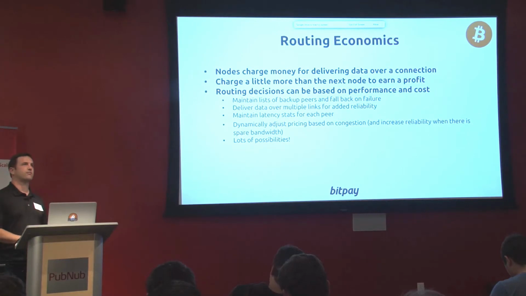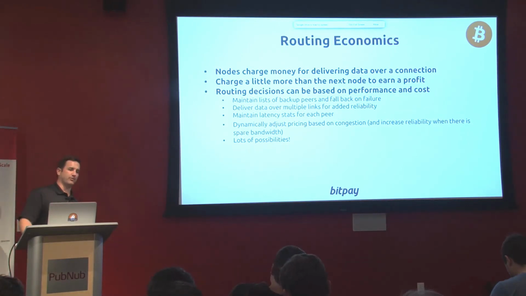So if you want to make more money with your router, what you would want to do is make better routing decisions. And I just listed some of the possibilities here. One, I mentioned you can maintain a list of backup peers and fall back on them if there's a failure, so you improve the reliability of delivering data.